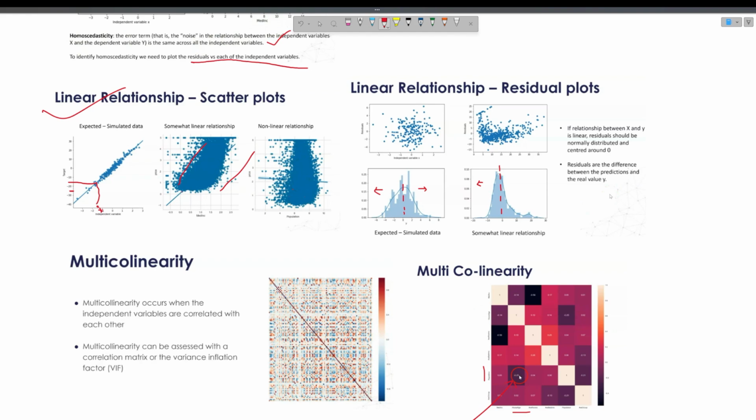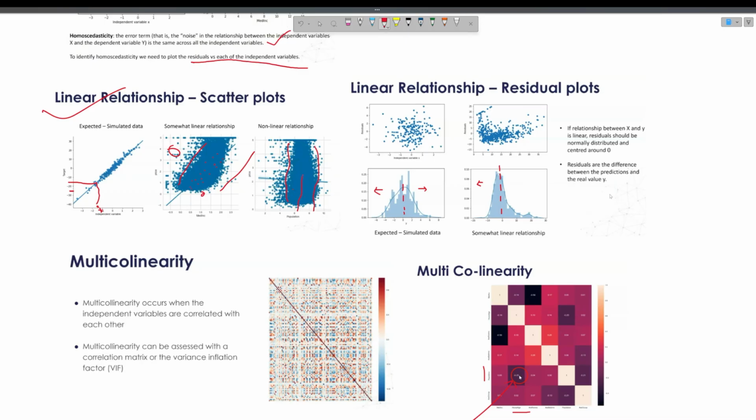For some particular points very near the line, it can give a very good result. But for points which are here or here, this model is not good. Here the data is totally like this, and the line is totally elsewhere.